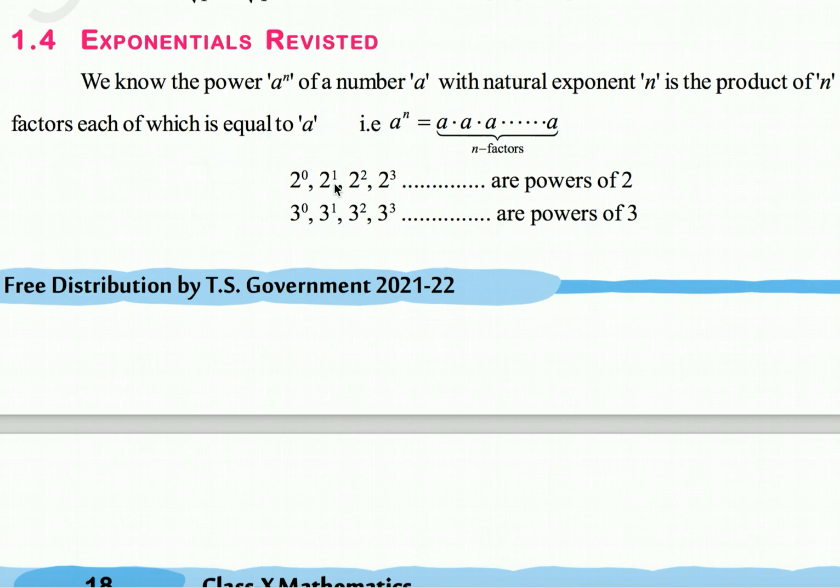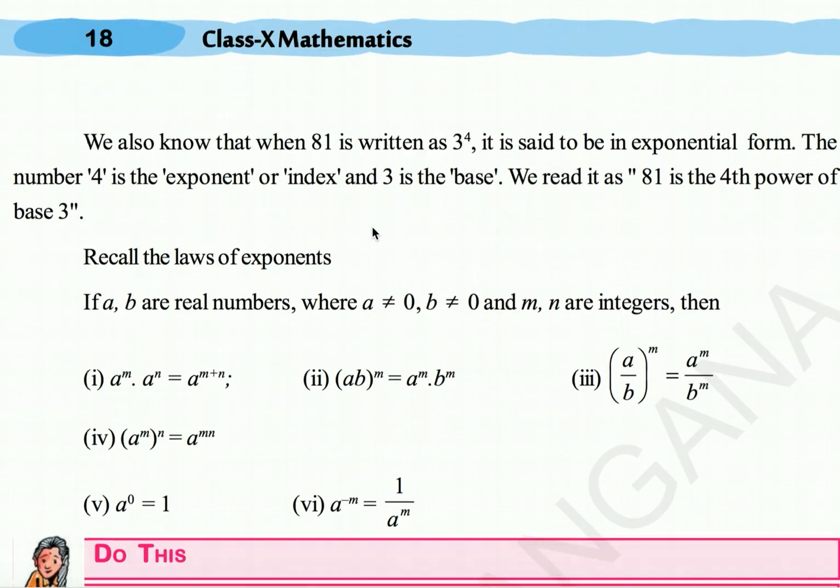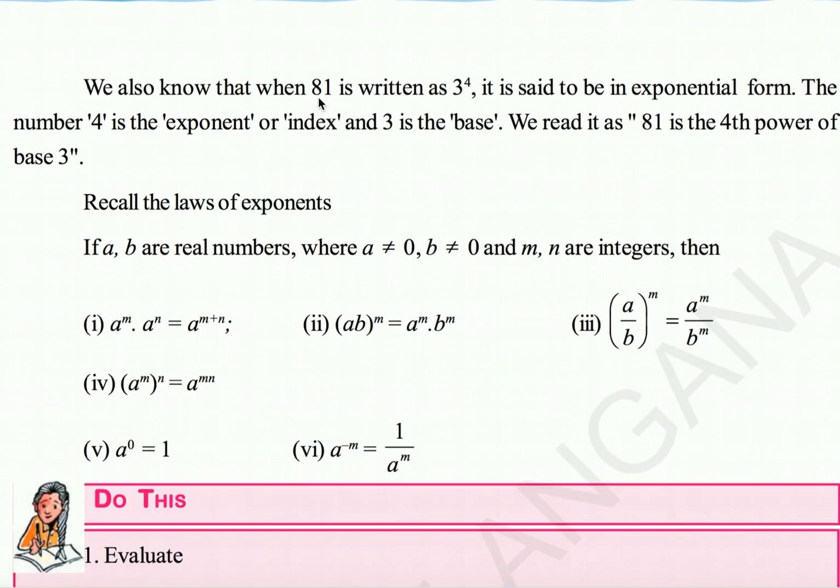So 2 power 0, 2 power 1, 2 square, 2 cube are powers of 2, 3 power 0, 3 power 1, 3 square, 3 cube are powers of 3. We also know that when 81 is written as 3 power 4, it is said to be in exponential form. The number 4 is the exponent or index and 3 is the base. We read it as 81 is the fourth power of base 3.